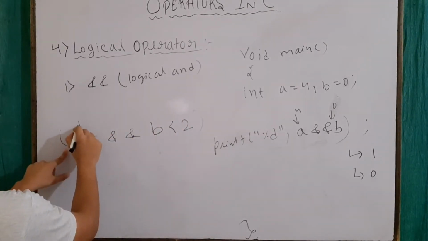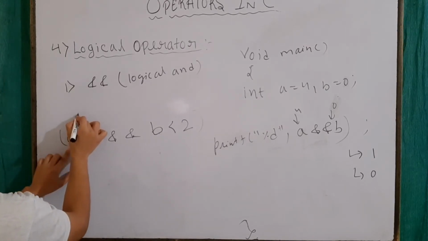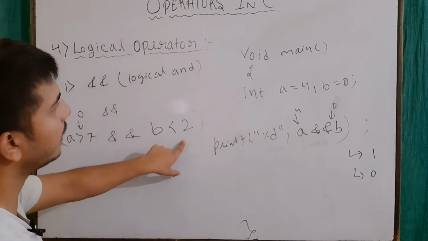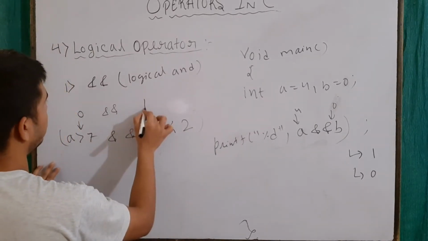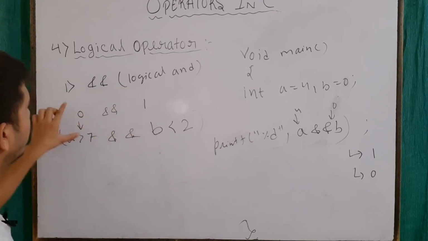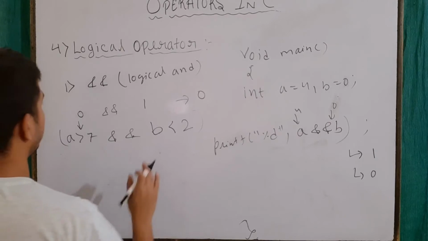No, it is false. It is a conditional operator, remember that. It will give us 0. Then AND B is less than 2. B is 0, and 0 is less than 2. So it is true, it gives 1. Now false AND true, what will it give me? False. So it will give us end result as false.